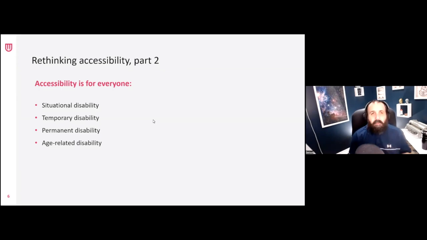When you hear the phrase person with a disability or people with disabilities, you may be tempted to fall into the trap of thinking, oh, this is just a tiny percentage of the population that we need to do all of this work for. We don't have any customers who are people with disabilities. We don't have any employees or users who are people with disabilities. And that couldn't be further from the truth.